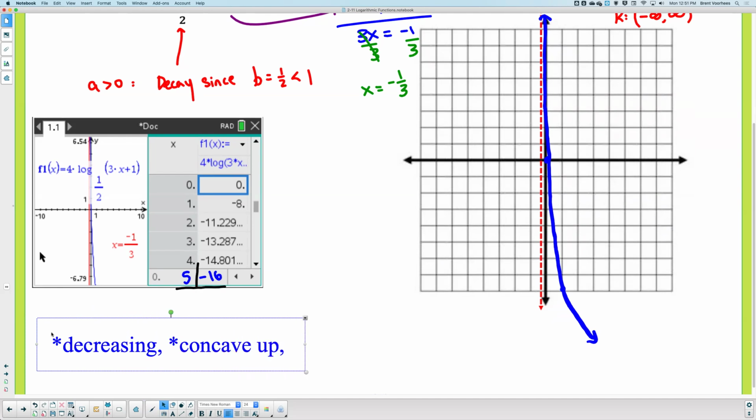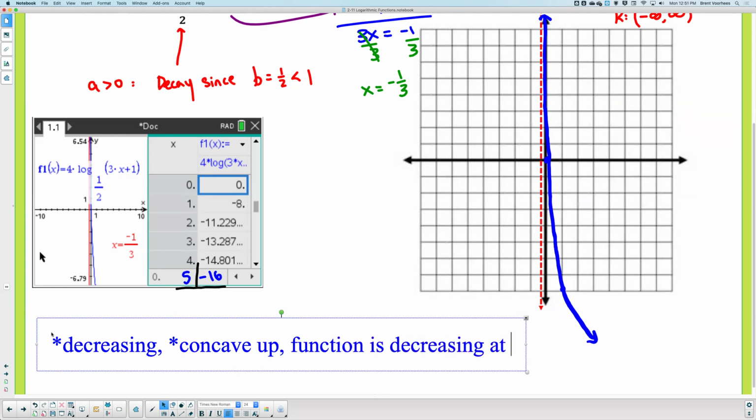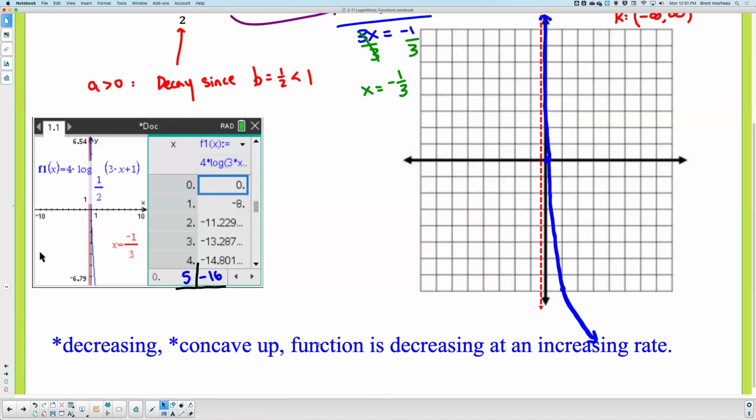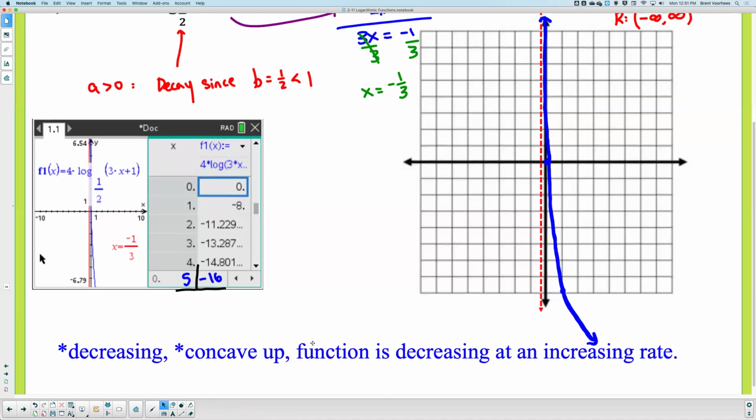Therefore, this function is decreasing at an increasing rate. That would be how you'd put that together. I forgot to put these points on there: 1, -8. There we go.